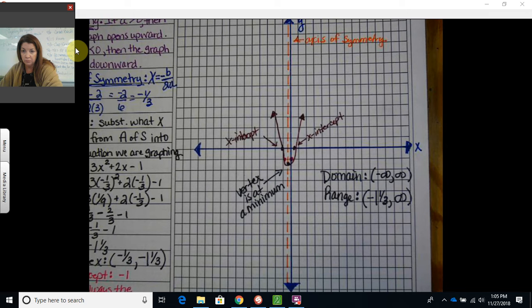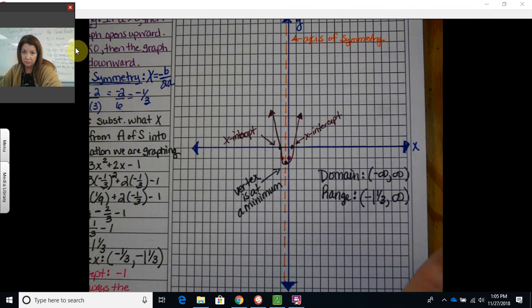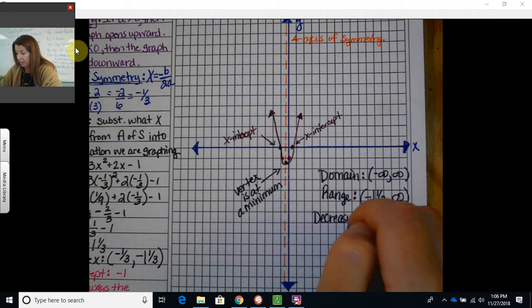Okay, remember increasing and decreasing? You describe your increasing and decreasing intervals by what's happening on the x-axis. So on the left side of that graph, to the left of the axis of symmetry, is that increasing or decreasing? Don't look at the arrows. Arrows have nothing to do with it. Decreasing, because as you're going left to right, your y values are getting smaller, right?